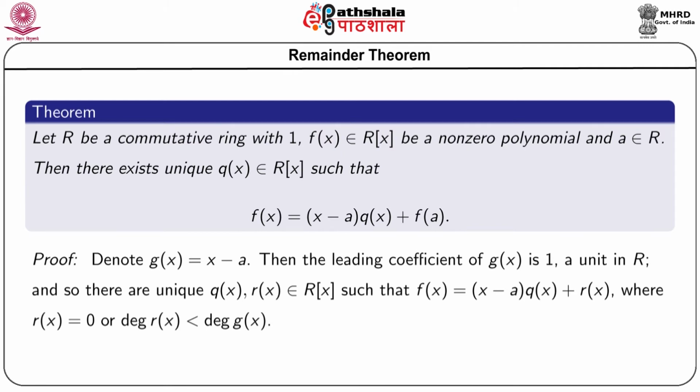If R is a commutative ring with unity and f(x) is a non-zero polynomial over R, then for any a belongs to R, we have a unique q(x) in R[x] such that f(x) equals (x minus a) q(x) plus f(a).